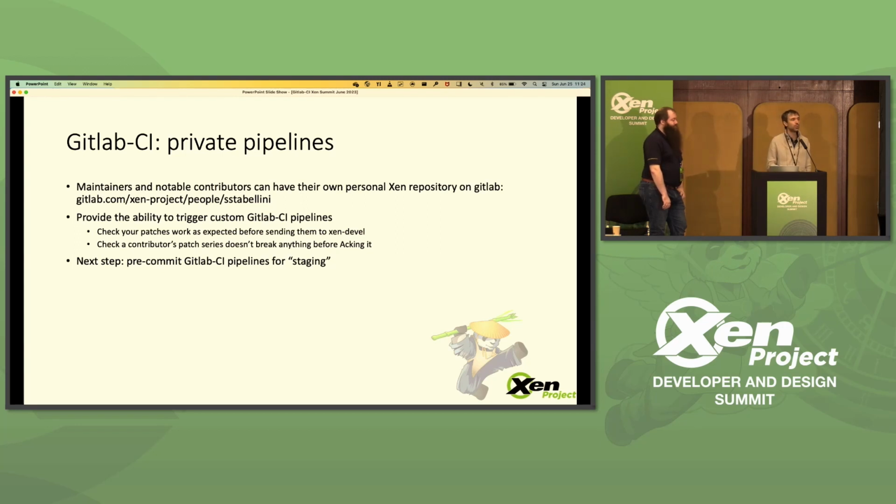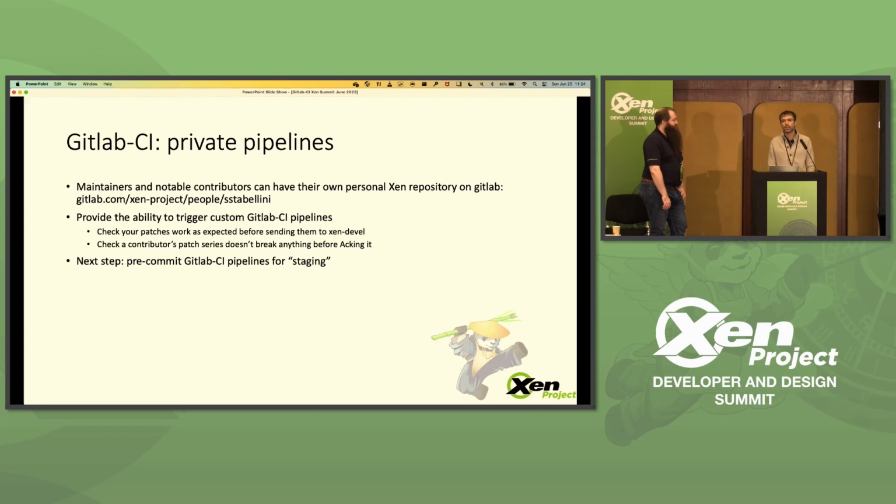That can be used for any sort of things, including testing your own in-development code, in-development patches, to test someone else's patches because you're not fully convinced that they work as those guys claim they do, or whatever reason. You can trigger your private pipeline today extremely easily.